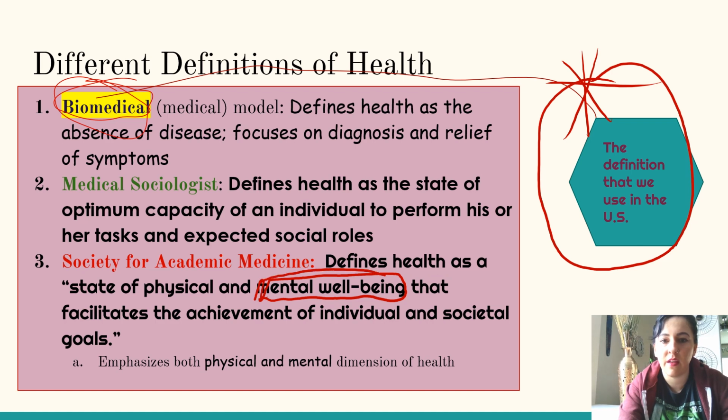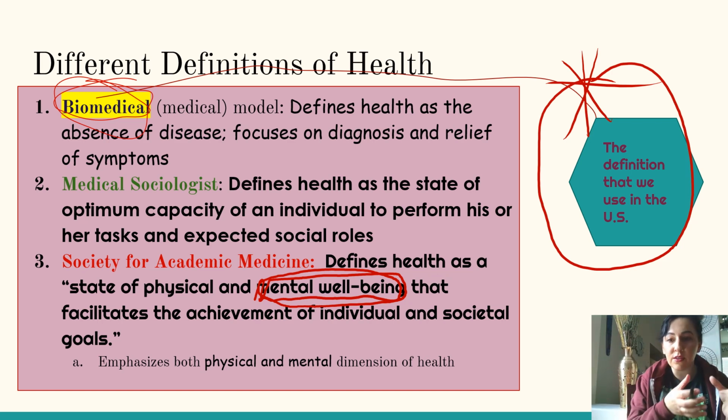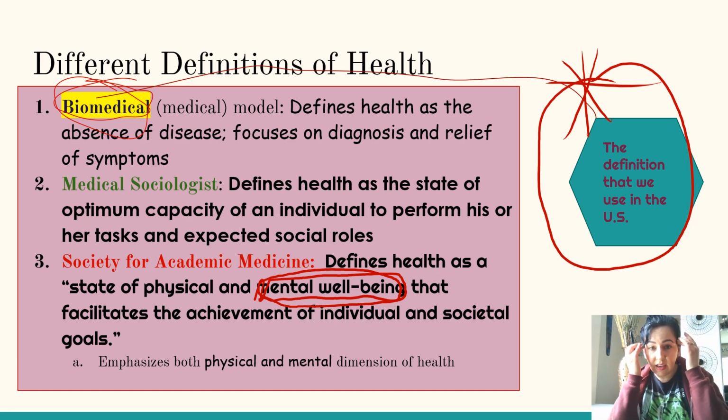It's not just physical, and it's not just what's hindering you from fulfilling your roles. We're not just focusing on physical symptoms, like this person's clearly sick, so we have to relieve their symptoms. This definition says you're healthy if your physical state and your mental state are sound.